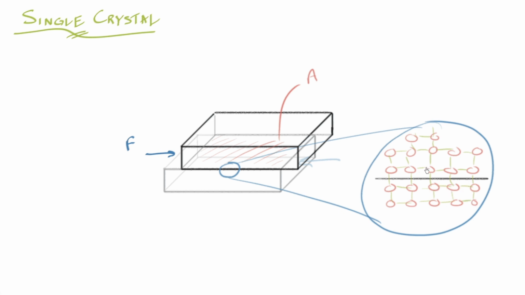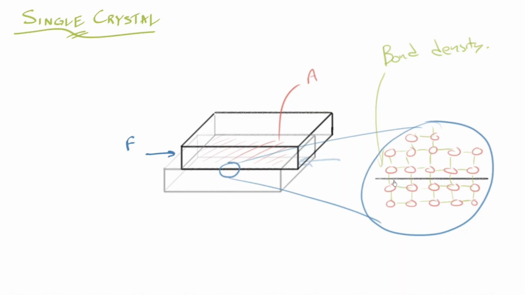So if we knew the area and we knew the bond density, that is how many atoms per unit area, and you could work that out from some knowledge of crystal structure, and the bond strength, you could calculate the theoretical value for the strength required to deform the crystal, right? It sounds pretty good. If this was our model, we could do that. And decades ago, that was actually performed.